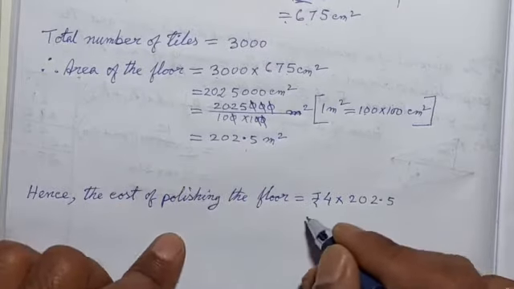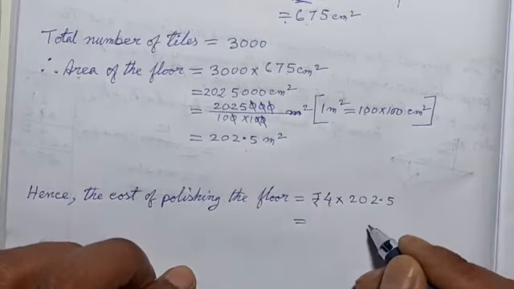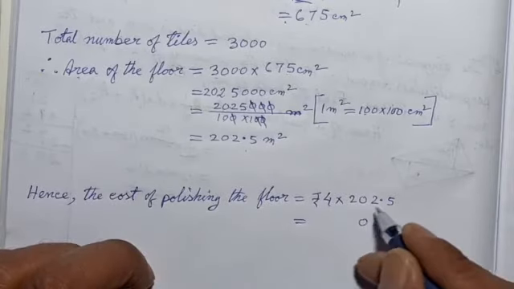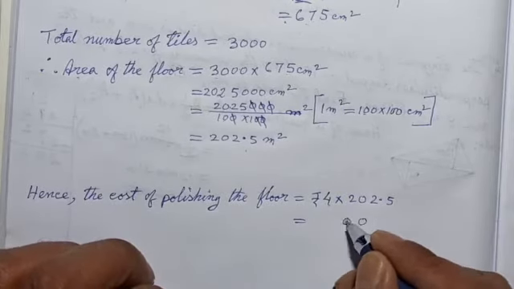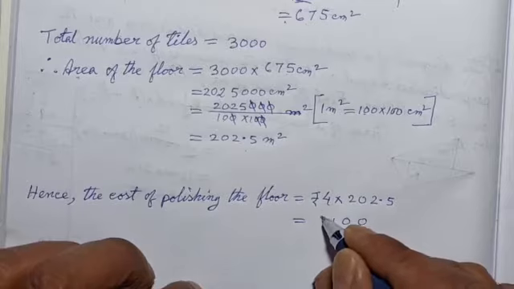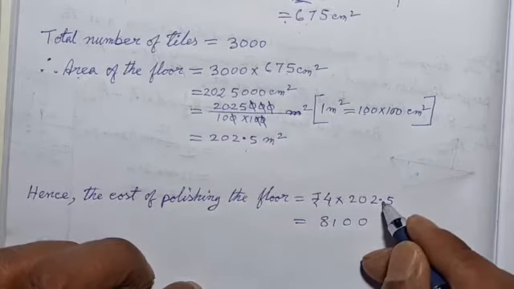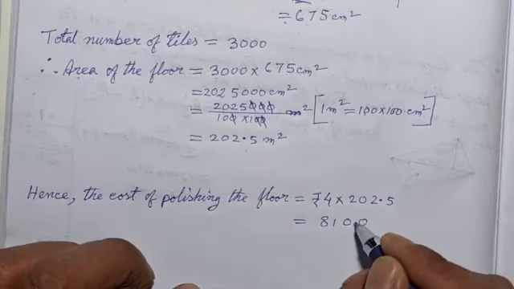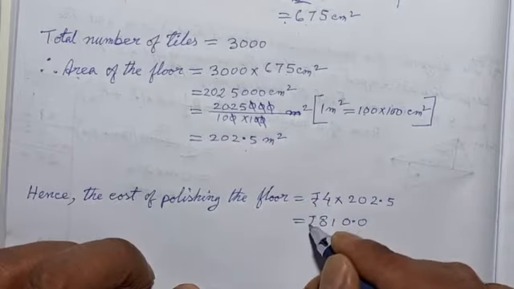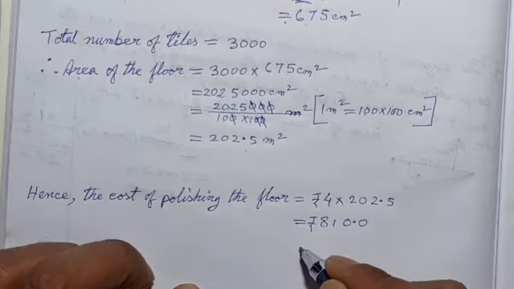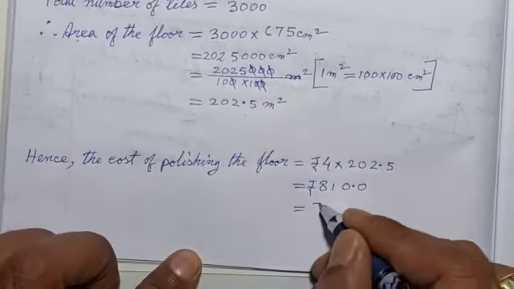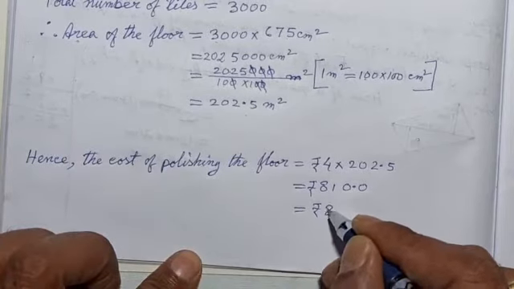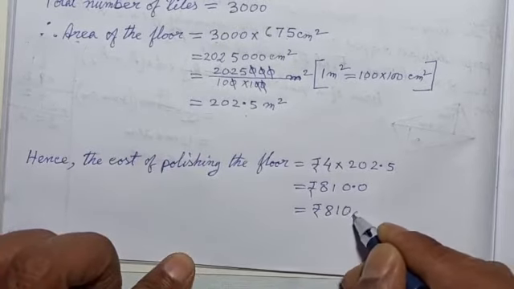Now let's multiply. 4 fives are 20, 2 carry. 4 twos are 8, 9, 10. 4 twos are 8. Here 1 decimal place, so the point will come here, and this is rupees. This 0.0 has no value, so leave it, then we are getting rupees 810, and this is the answer.